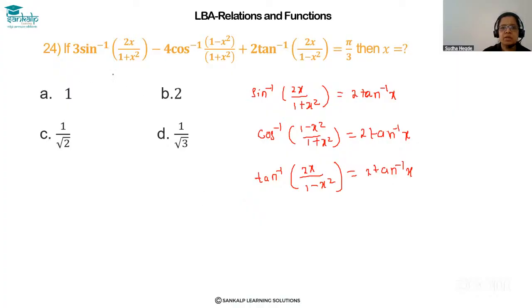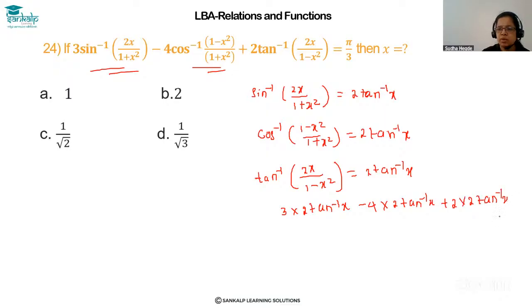Okay, substituting in the LHS of the given equation, here we get 3 into 2 tan inverse x minus 4 into 2 tan inverse x plus 2 into 2 tan inverse x is equal to pi by 3, RHS. That is given.